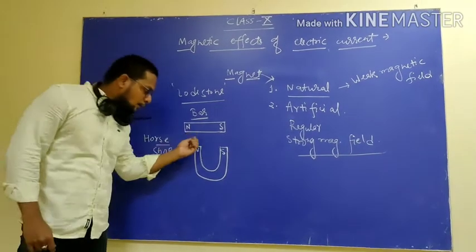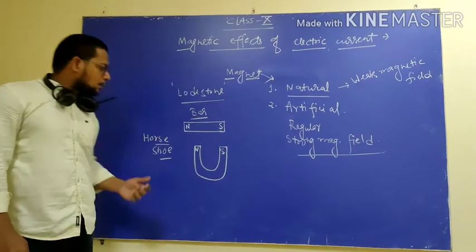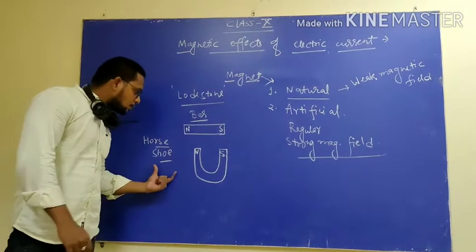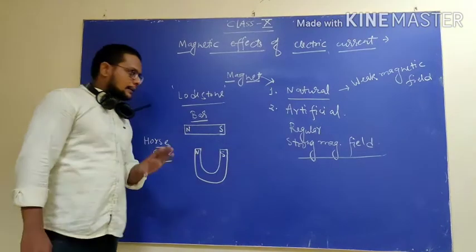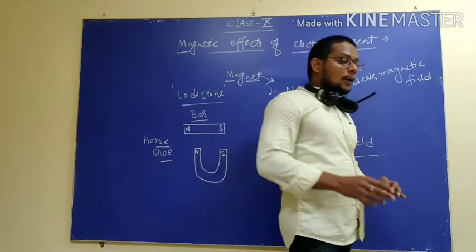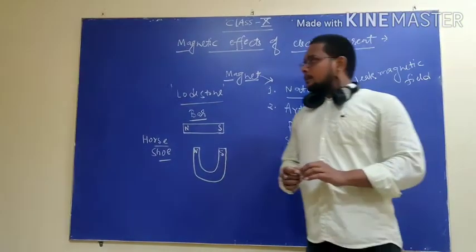It is in the shape of a horseshoe. That is why it is called a horseshoe magnet, and this is a bar magnet. Okay, dear students. Now we will describe.